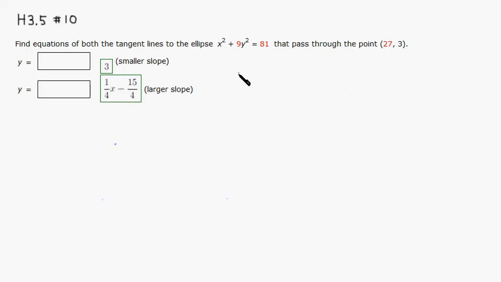Alright, first we can get some information about the slope, so we're going to take the derivative of this given equation right here.